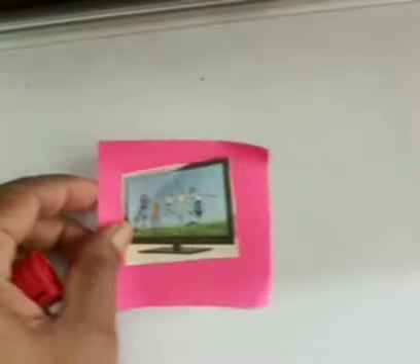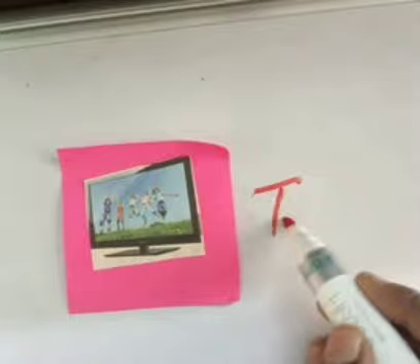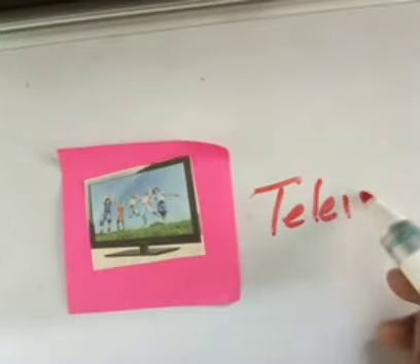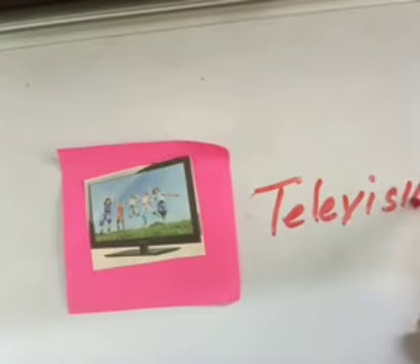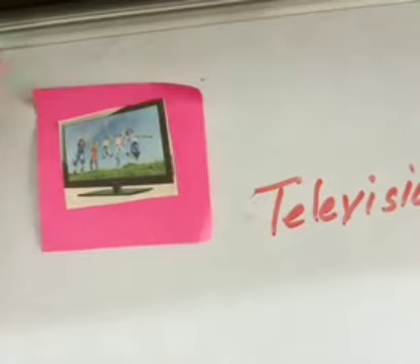Next one, tell me what it is. It's a television. These machines help us to watch movies, cartoons, news, sports, etc. And which kind of power do these machines need, children?